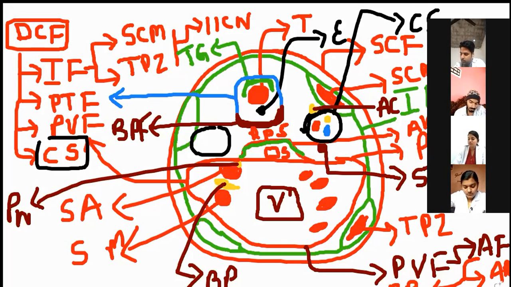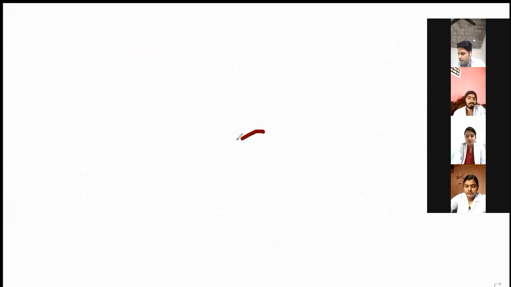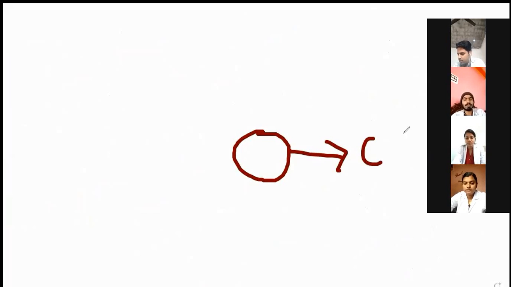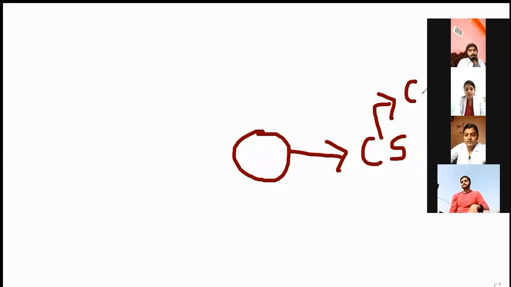Okay, so see here, if I remove all this diagram, everyone has drawn it along with me. See here, if I make only the carotid sheath, for example, this is our carotid sheath. Carotid sheath is present in which triangle? Carotid triangle. What is present in the carotid sheath? Carotid artery, internal jugular vein, 10th cranial nerve.